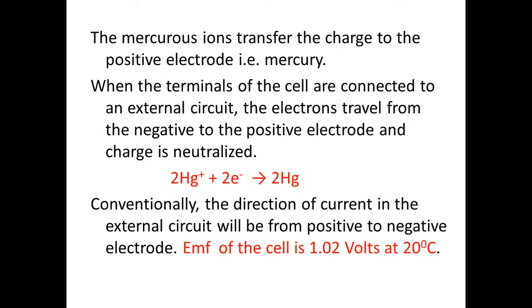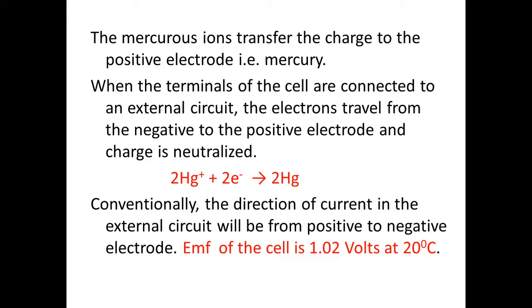When the terminals of the cell are connected to an external circuit, the electrons travel from the negative to the positive electrode and the charge is neutralized as 2 mercurous ions plus 2 electrons give rise to solid mercury.